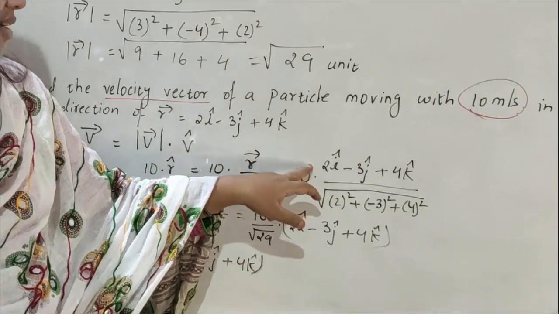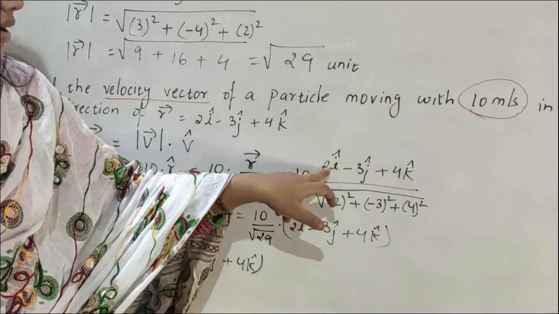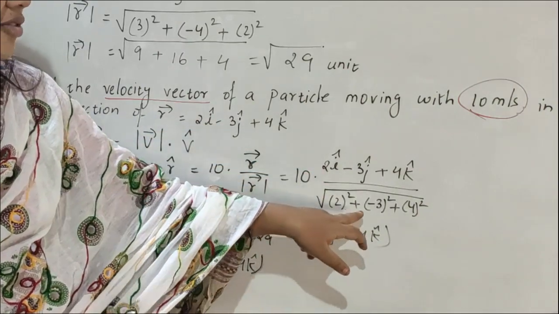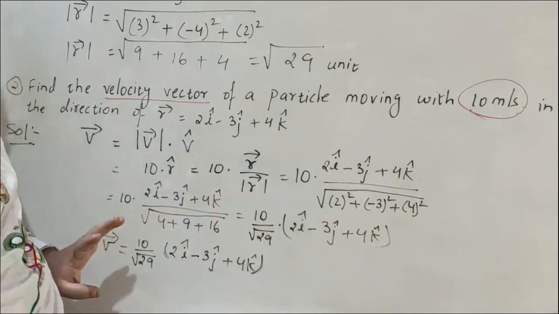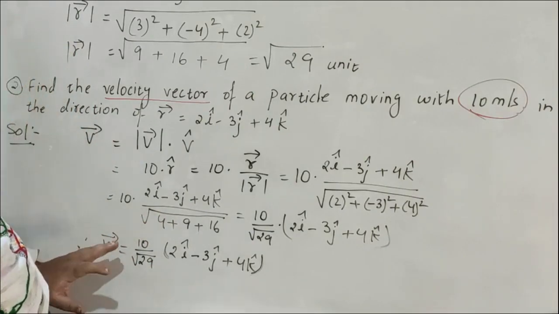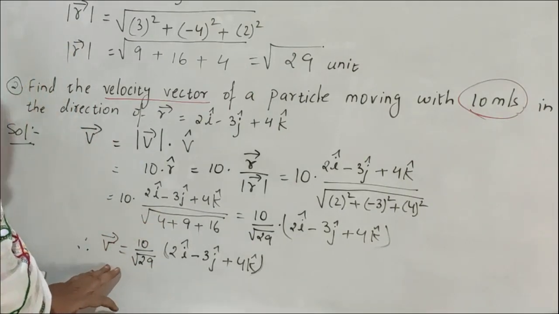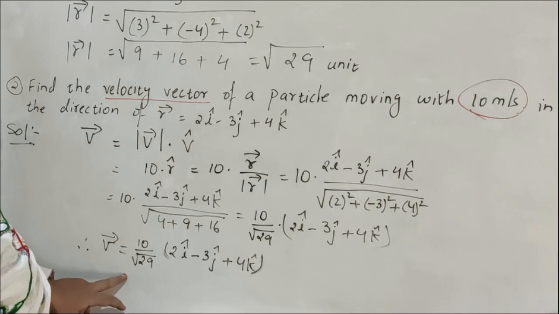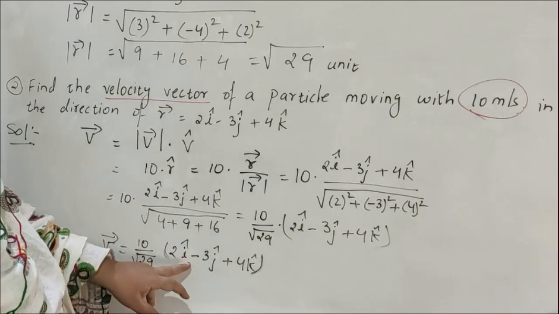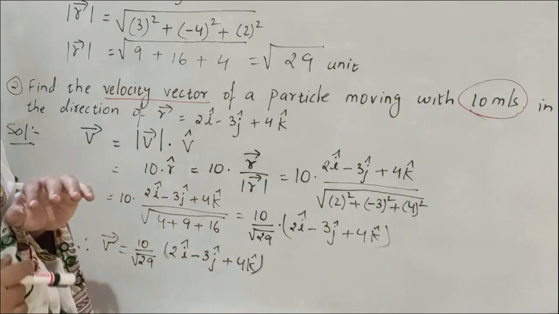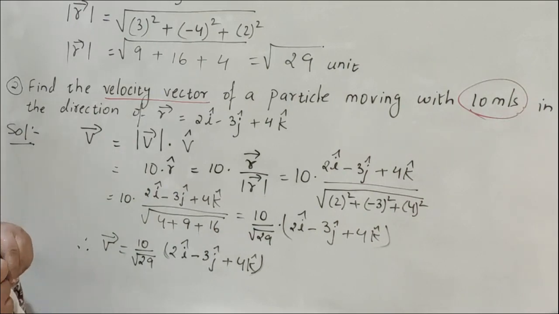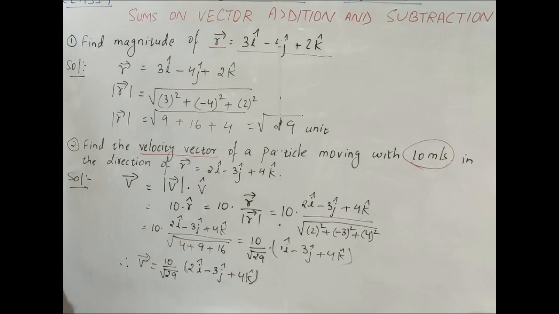The r vector is given already in the question, and the magnitude of r vector we have to find. We already did that sum. So we got velocity vector 10 by root 29 into 2i cap minus 3j cap plus 4k cap. Okay children? I hope you understood the question.